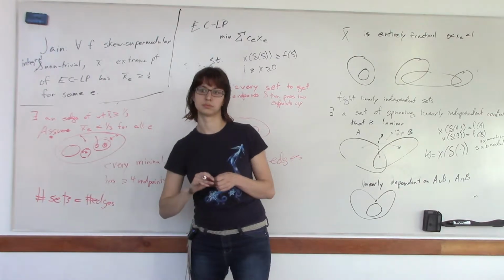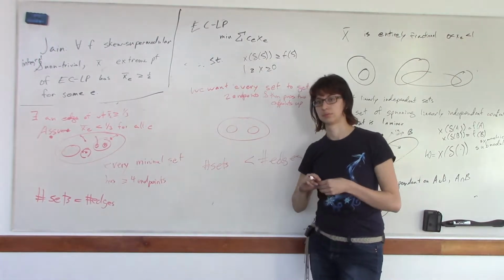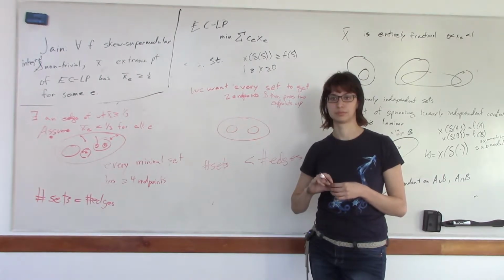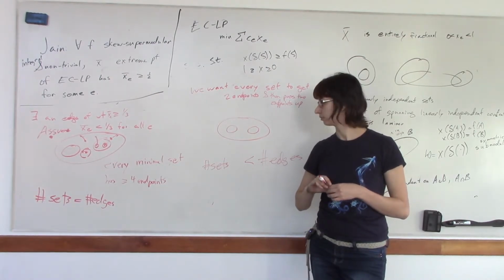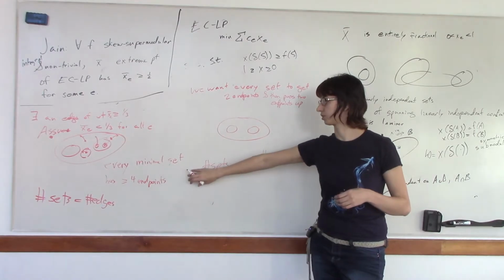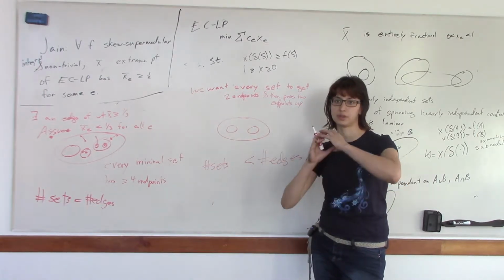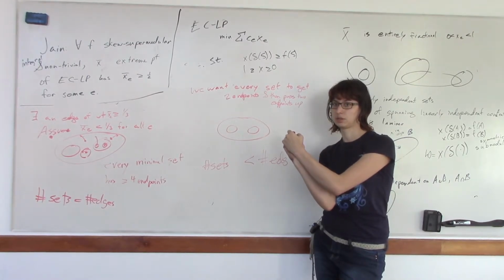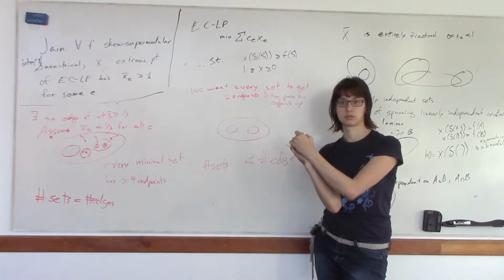So can I ask, I know why every minimal set has 4 endpoints, but why is it true only for minimal sets? So I'm just starting here. This is like the base case. So every minimal set has at least 4 endpoints. But is it not true for every set?